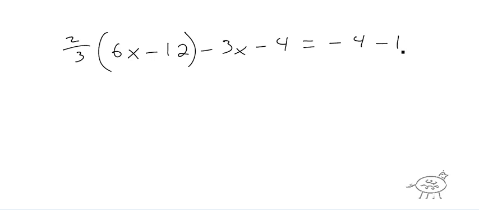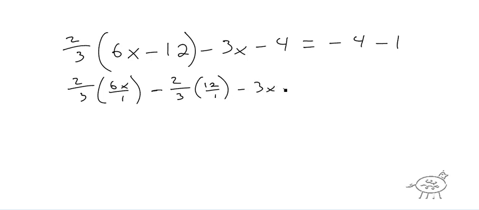Okay, well, you got to deal with that 2/3. All right, well, if you need to, write it out. 2/3 times 6x over 1 minus 2/3 times 12 over 1 minus 3x minus 4 equals negative 4 minus 1.